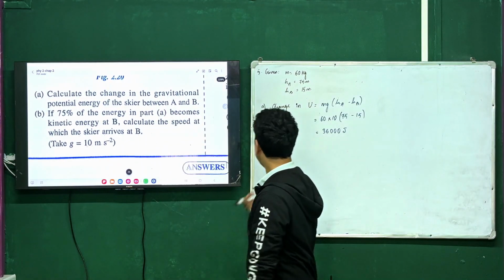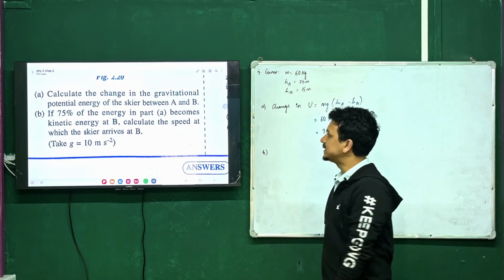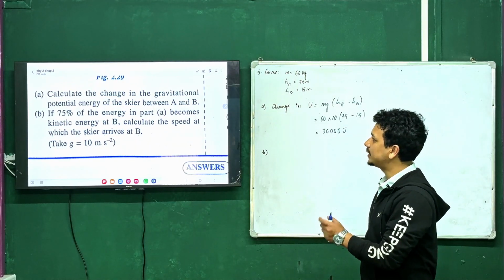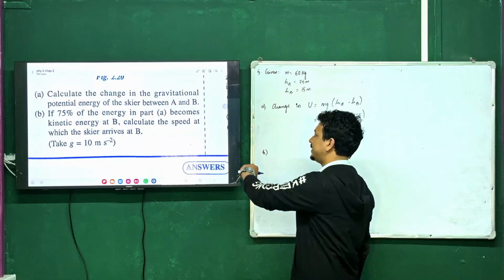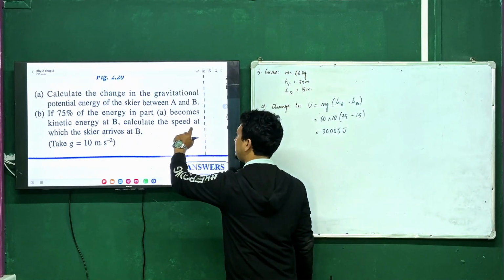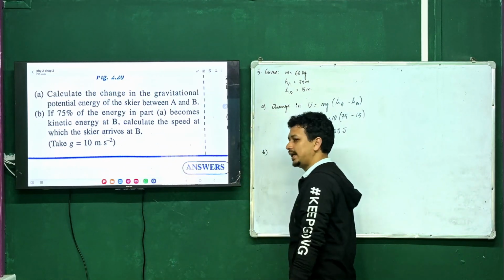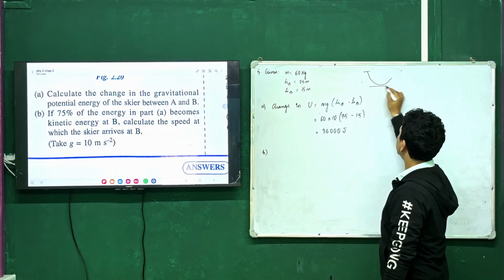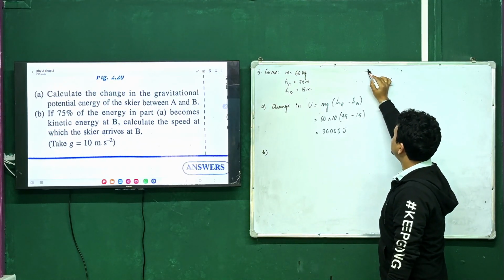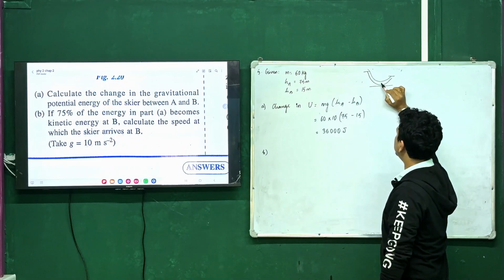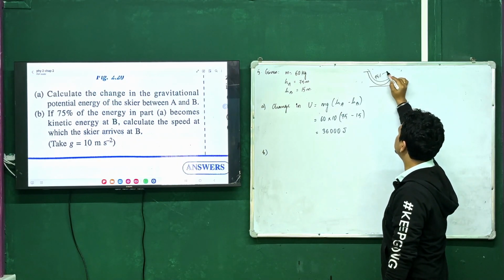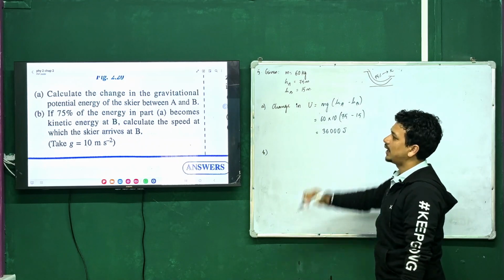Okay. Question number B. Now B, what does it say? If 75% of the energy in part A becomes kinetic energy, calculate the speed with which the sphere arrives at B. Alright. So what is the question saying? Whatever is the change in the potential energy, out of that 75% of the energy has been converted to kinetic energy.